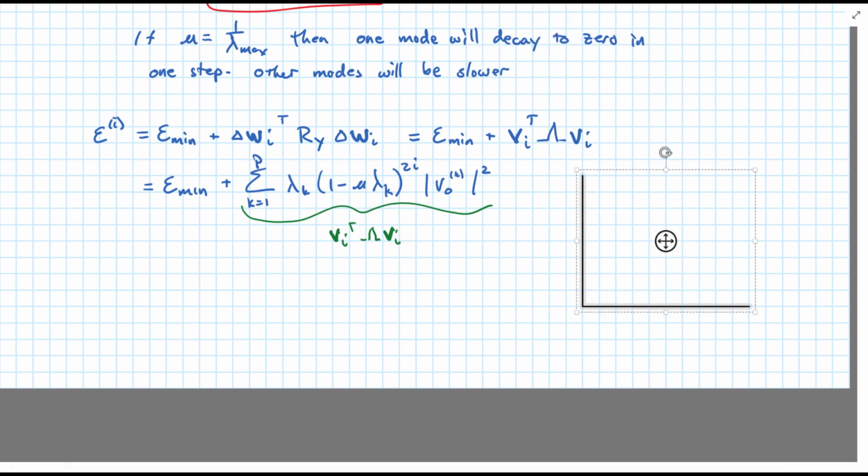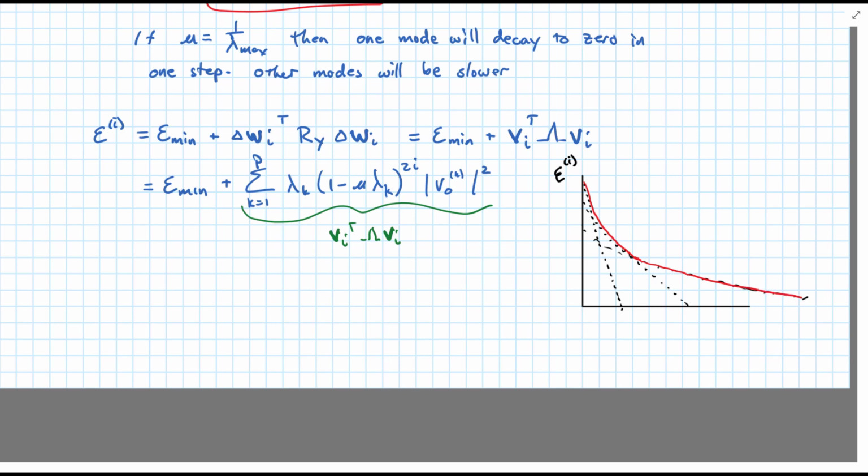If we were to plot our error, the first mode is going to drop rather quickly. The next mode will be slower, and so on and so forth, so that our error is going to decrease.